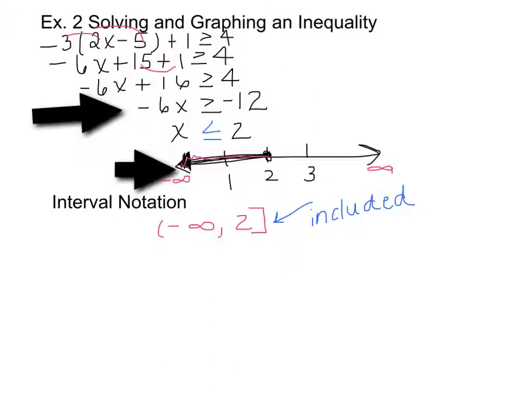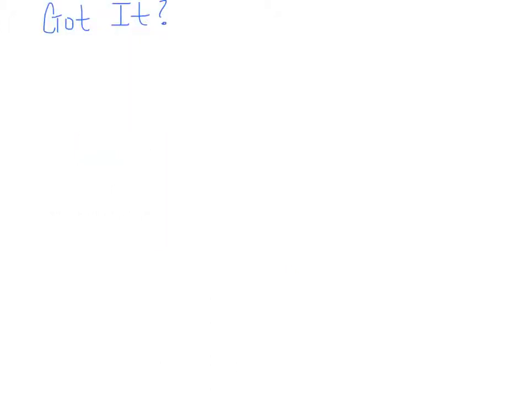So for all of your solutions, we want you to write them in interval notation. So that's what that means. So in your book, it's not going to say that in the directions, but you want to make sure that you do that.